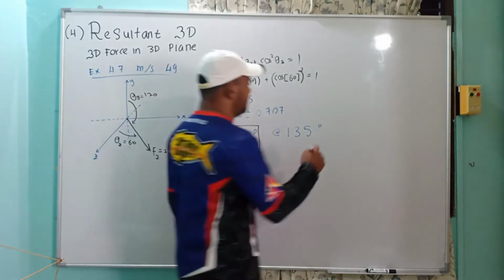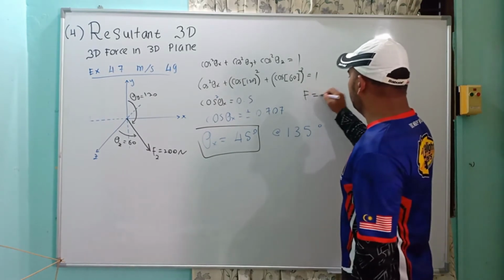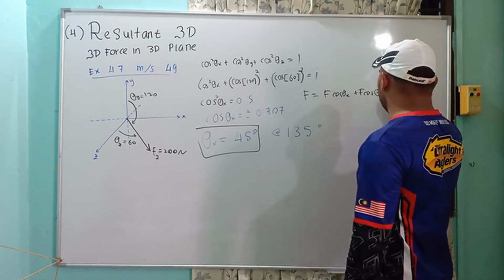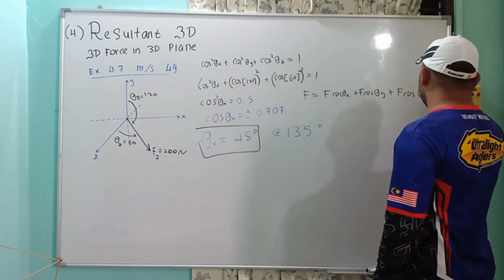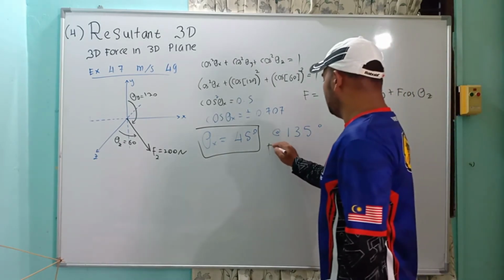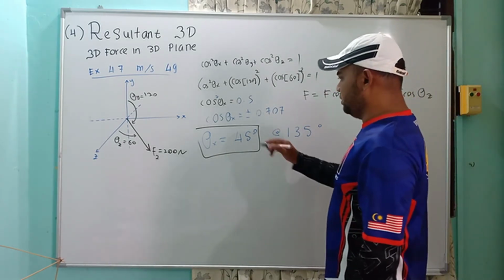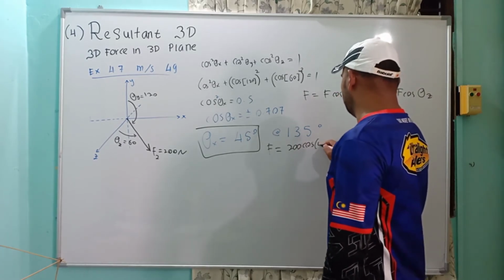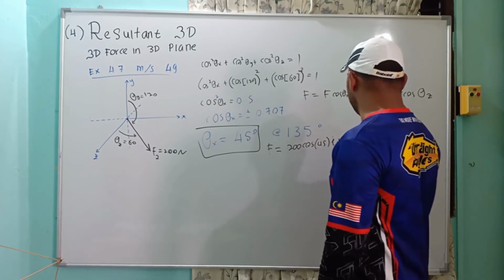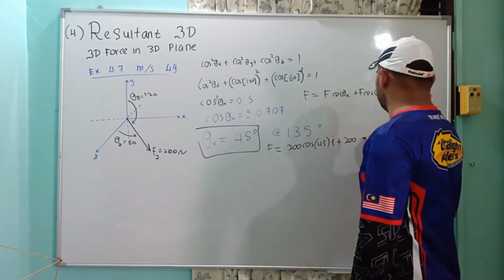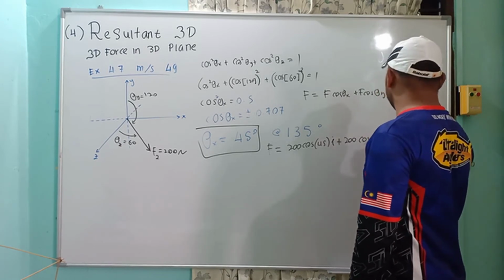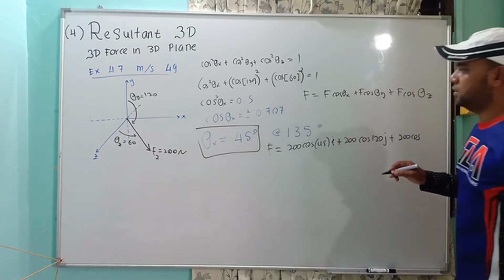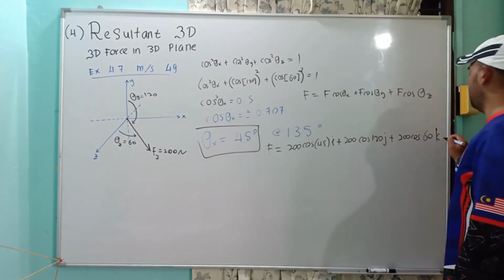So what you do is put it in the equation: F equals F cos theta x i plus F cos theta y j plus F cos theta z k. So F equals 200 cos 45 i plus 200 cos 120 j plus 200 cos 60 k.